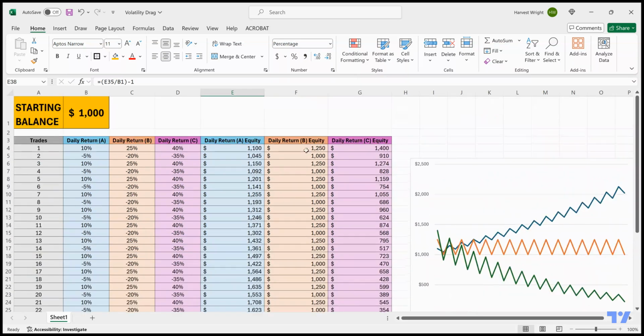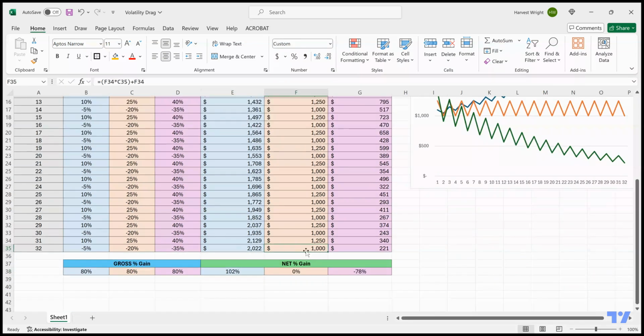And trader 2, who's been risking 25% and losing 20%, he's just about break even. So he didn't gain anything out of those 32 trades, even though he had a net percent gain of 80%.